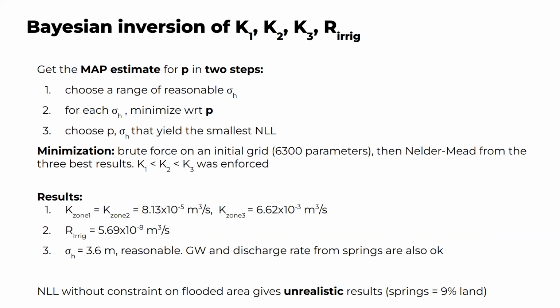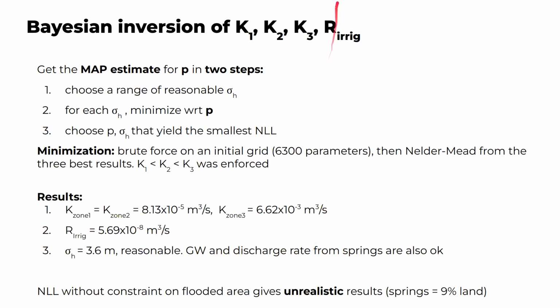The rice irrigation contribution was also comparable to some previous studies. The RIRIG that we got is comparable with estimates provided by other procedures, and the discharge rate from the springs was also okay.